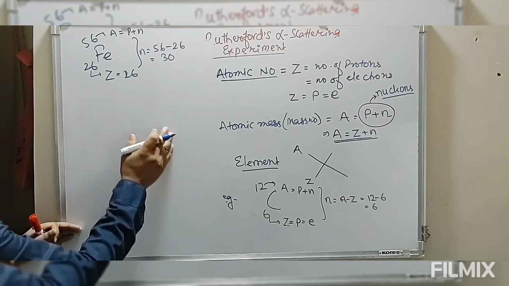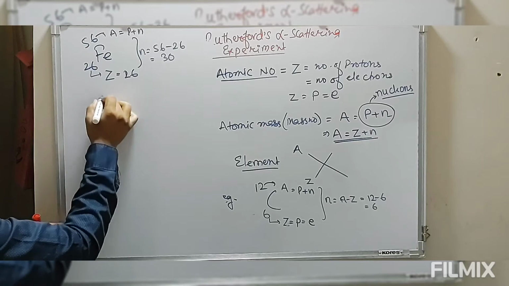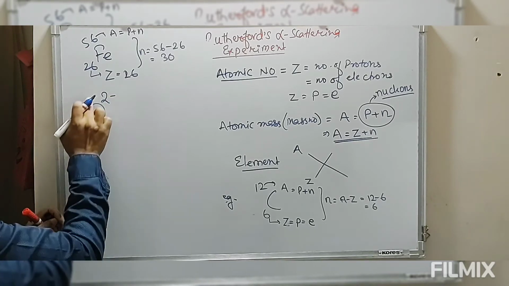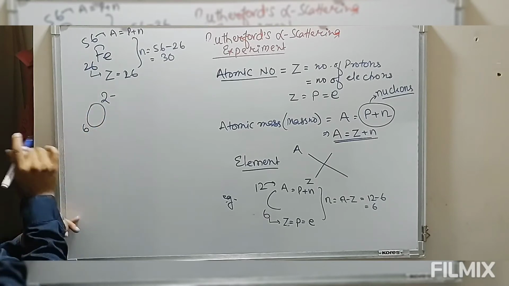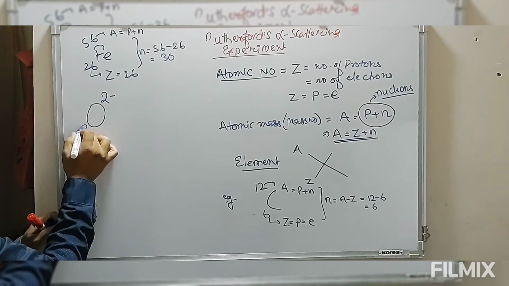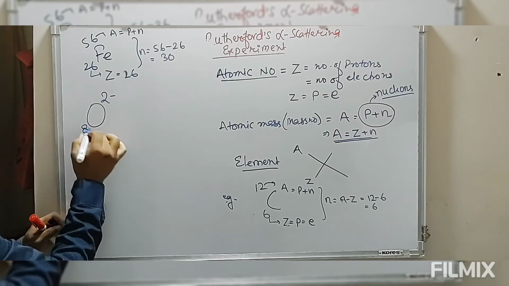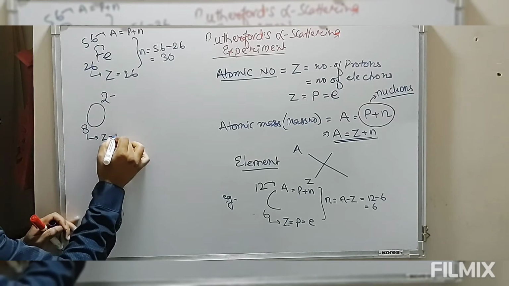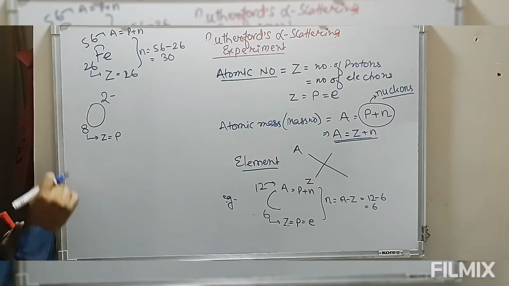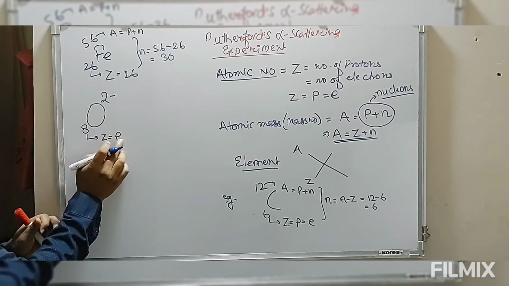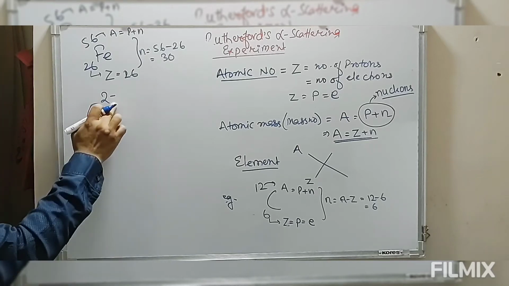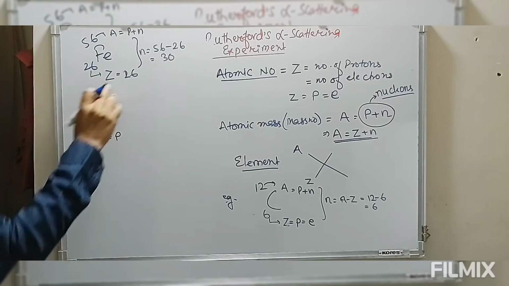Now coming to the ions, let's see. We have O2 minus. This is the atomic number, which is equal to the number of protons. The total number of protons present inside the nucleus is 8. This will not be equal to the number of electrons, because this is a charged species.